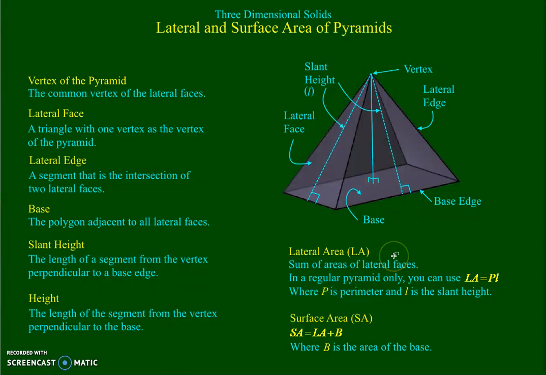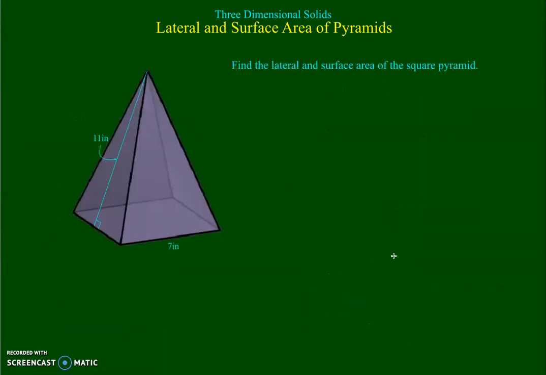All right, let's move on and look at an actual example. In this first example, we're being asked to find the lateral and surface area of a square pyramid. Now they give us that it's a square pyramid, therefore this is a regular base. And so I'm going to start off by calculating lateral area. So what I want to do is start by calculating the area of one of these lateral faces, which is a triangle.